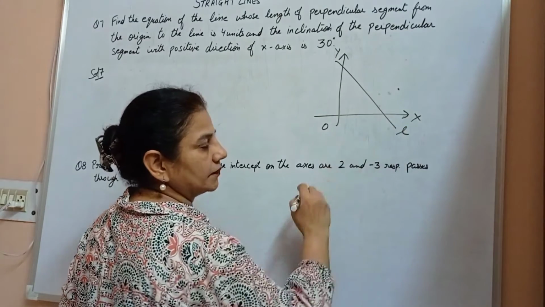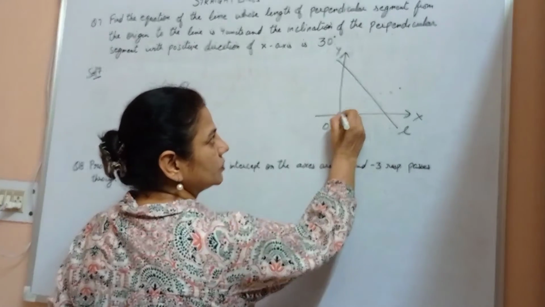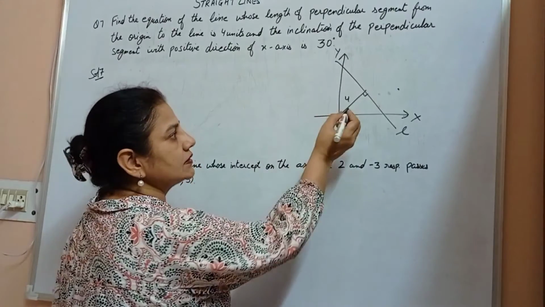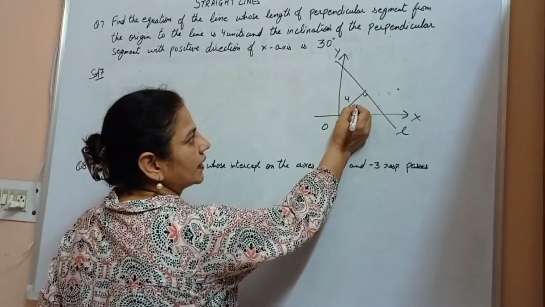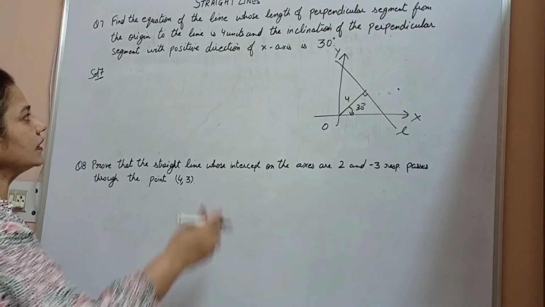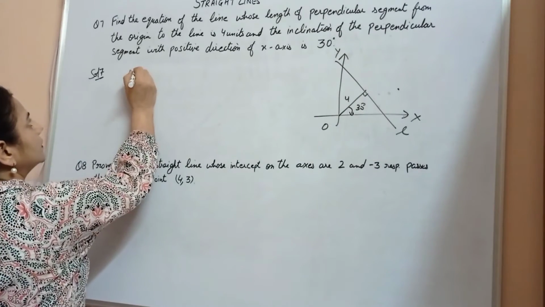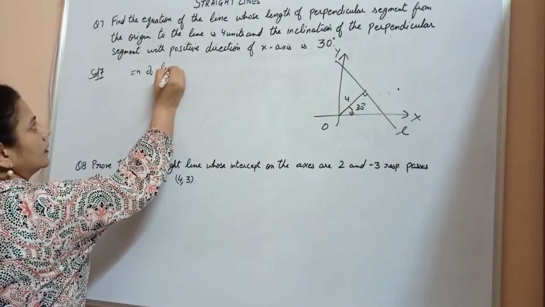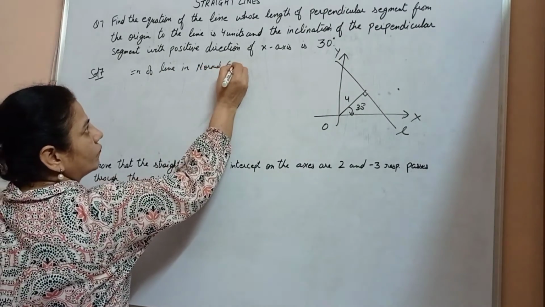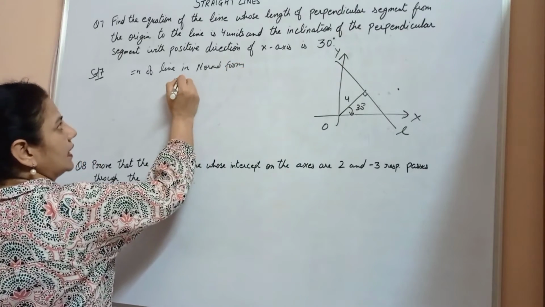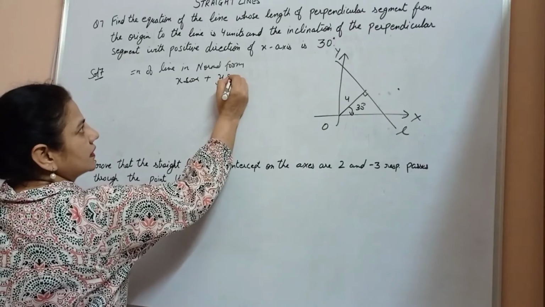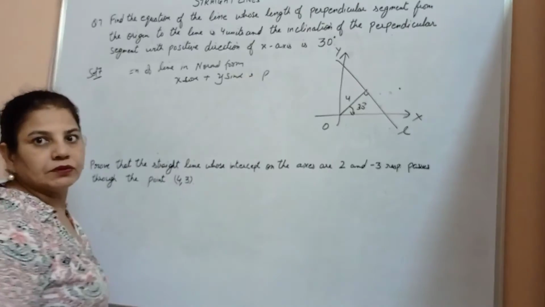The perpendicular distance from the origin to the line is 4 units, and it makes a 30 degree angle with the positive direction of the x-axis. So we can say that the equation of the line in normal form is given as x cos alpha plus y sin alpha is equal to p, the perpendicular distance.